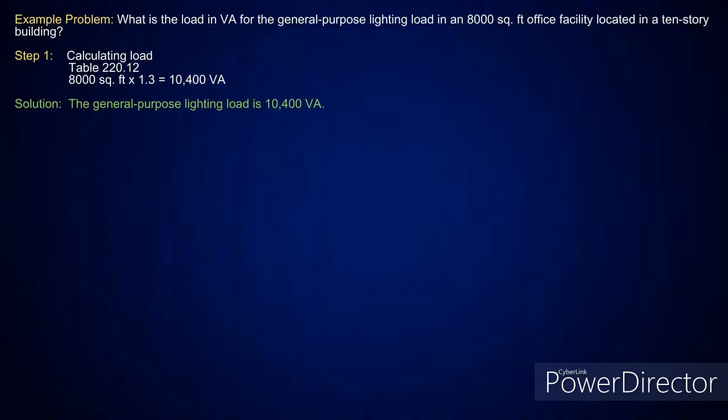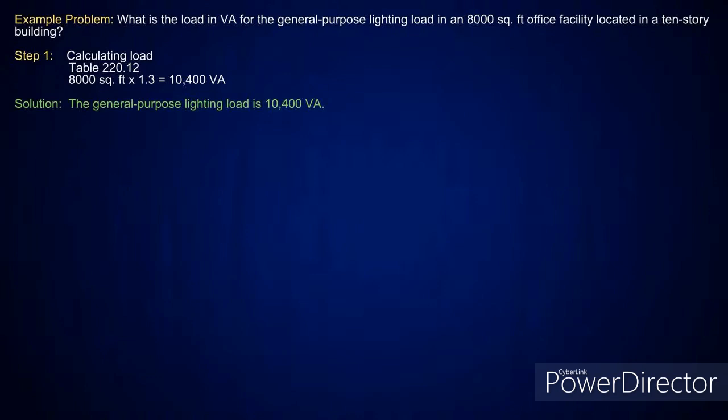So it's sort of like when we looked the other day at the dwelling unit. I said, you look at 220.14J and it tells you to take it at 3 VA. Well, here's the same thing. We're just taking the square foot of the facility.